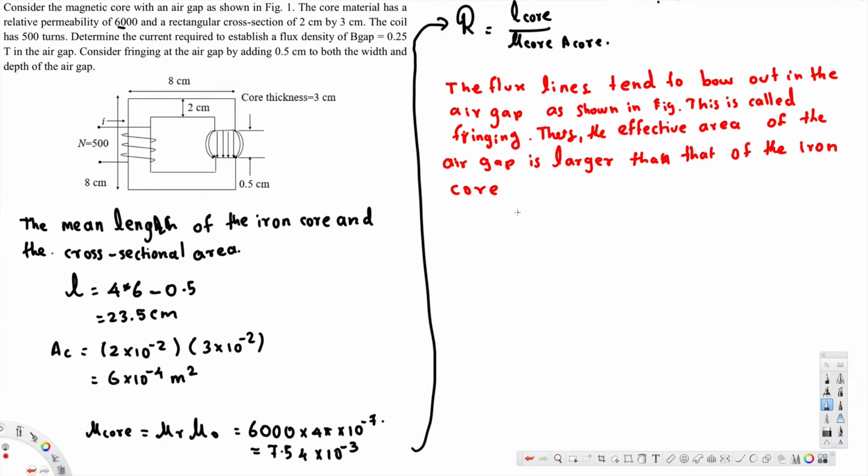Customarily, we take this into account by adding the length of the air gap to each of the dimensions of the air gap cross section.